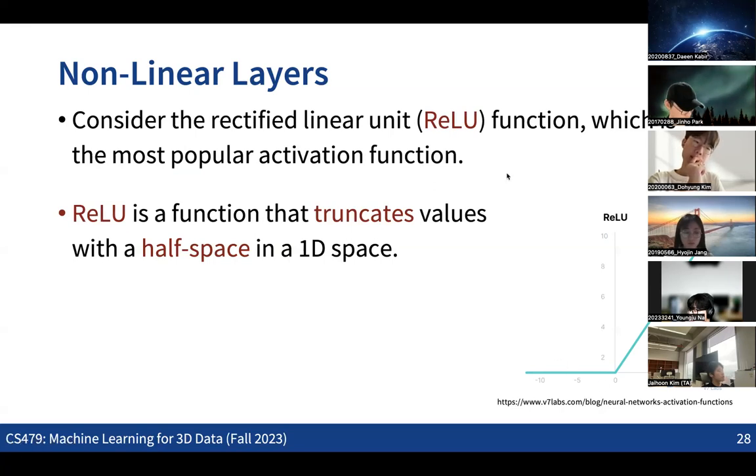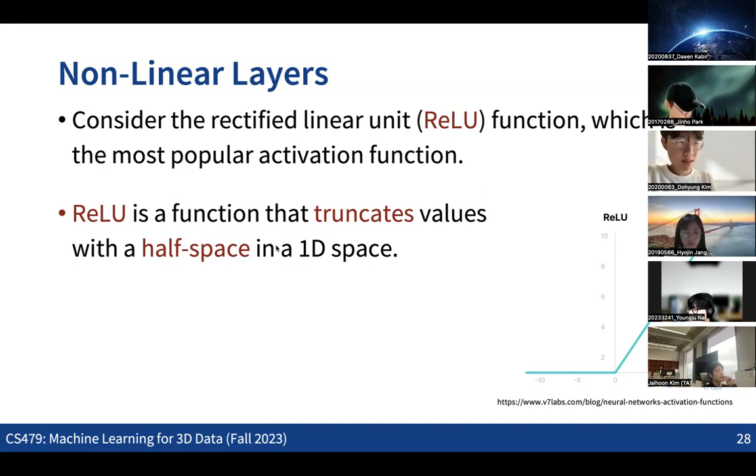So a typical neural net design is that we have the linear layer and we apply some kind of activation function, right? And the ReLU is basically a function that truncates the values with a half space in a one-dimensional space.